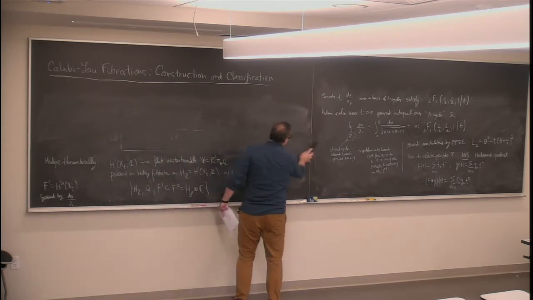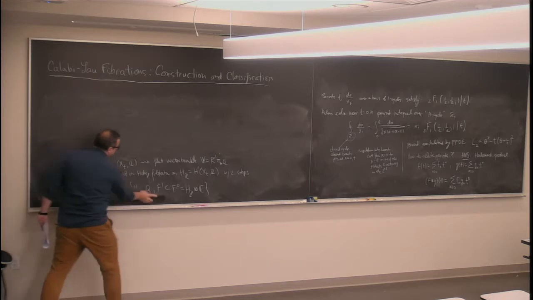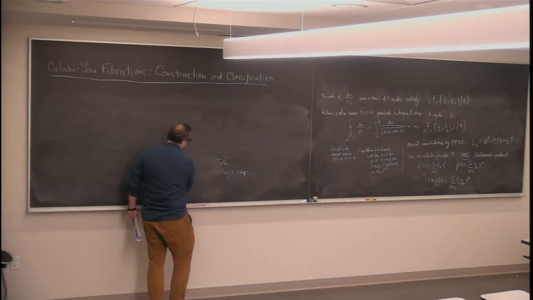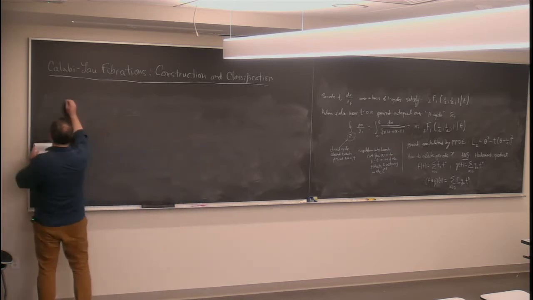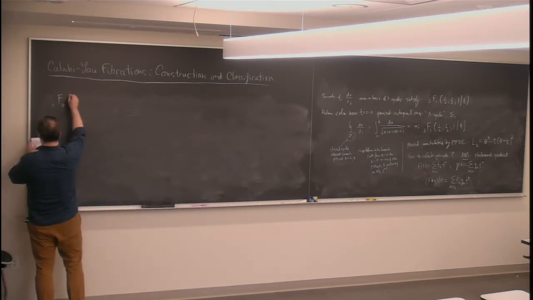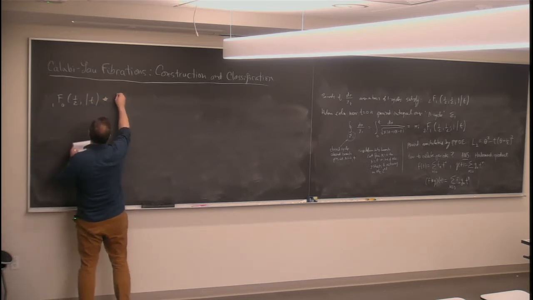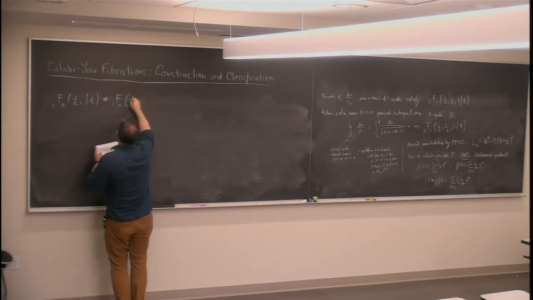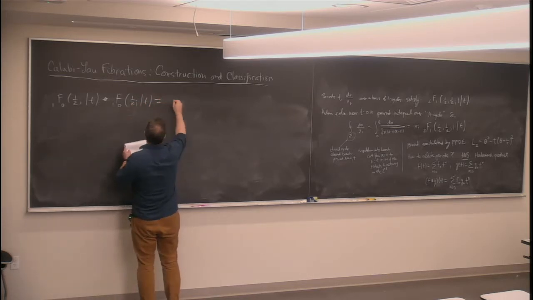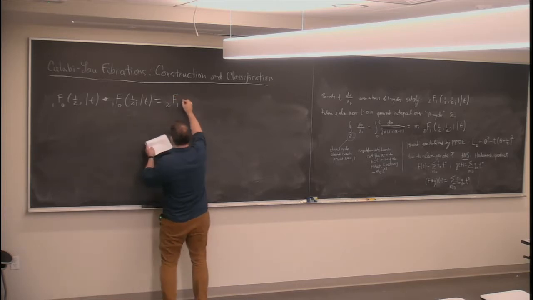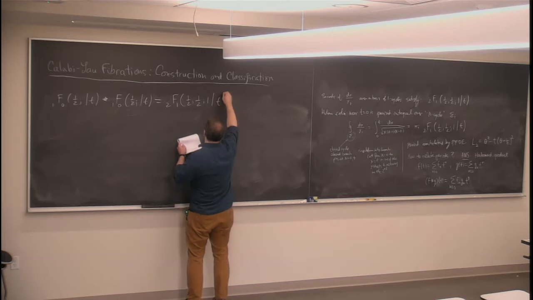And so, what does this buy us? Well, it buys us the following formula: 1F0(1/2; t) star 1F0(1/2; t) is equal to 2F1(1/2, 1/2; 1; t).